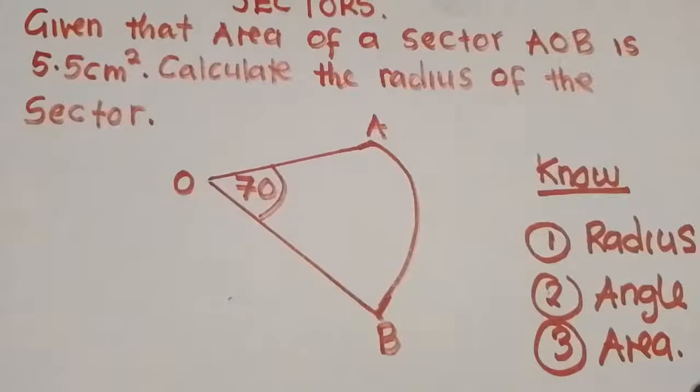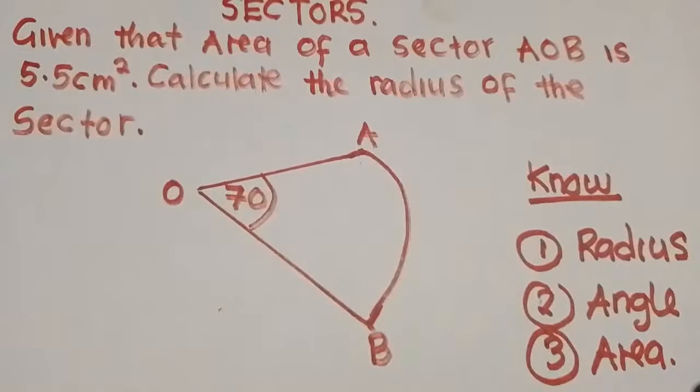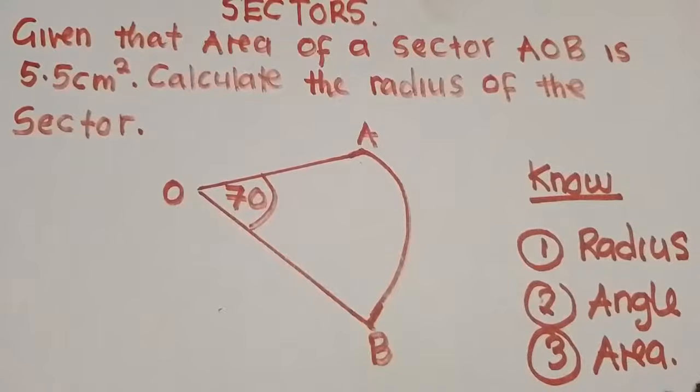These are the only three subtopics that we are going to cover, and I'm going to make them very simple so that we understand them. We've got the radius, the angle, and the area of a sector.